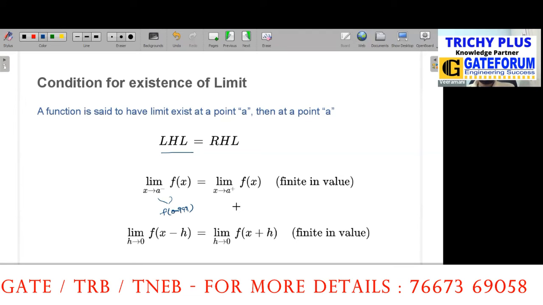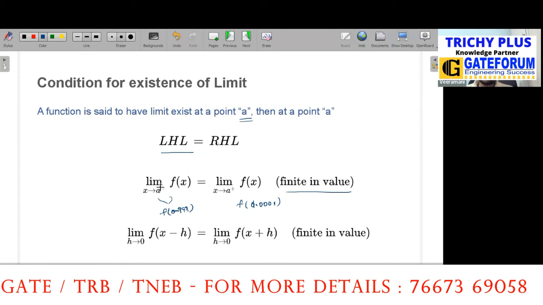And f of a plus is like f of 1.00001. Okay, limit extends to a plus f of x. So if the values of both are the same, at the same time the value has to be a finite number. If that is so, you can say that a limit exists for a given function at a particular point a. That is how we can define it.